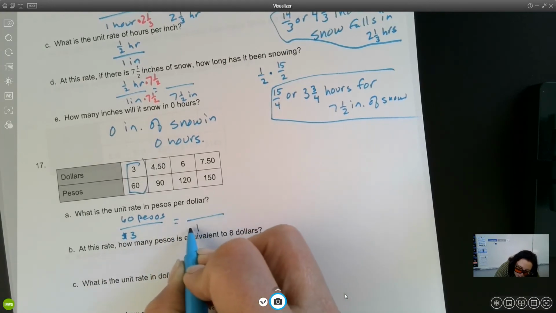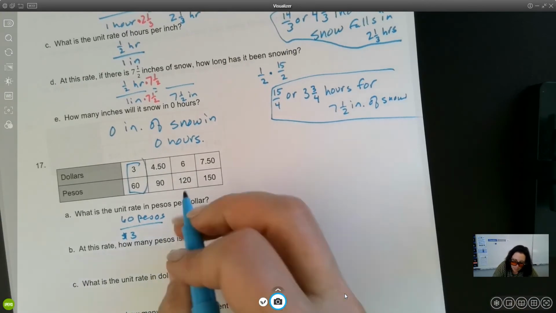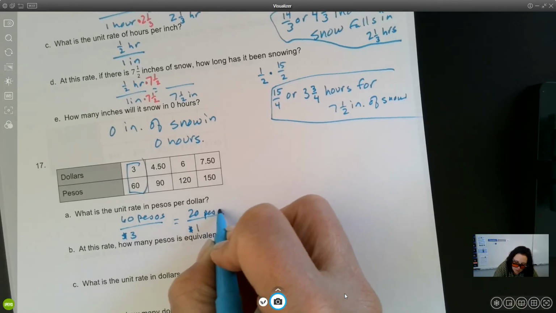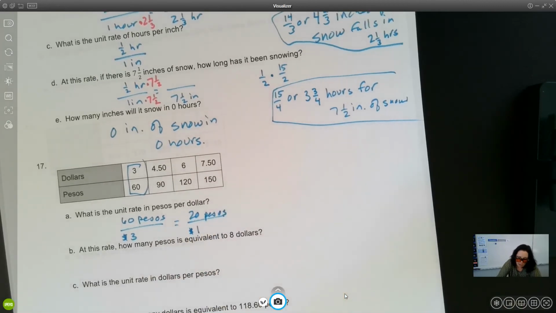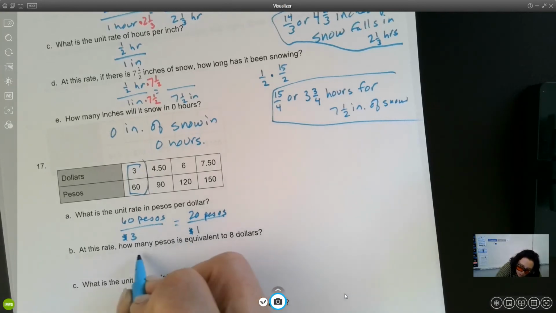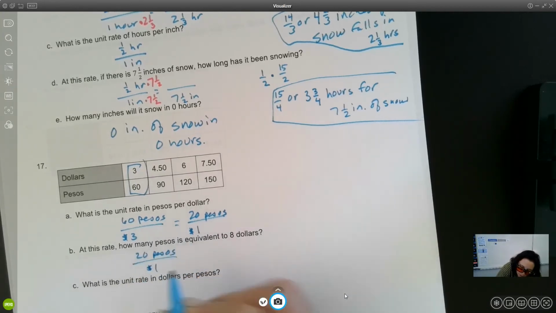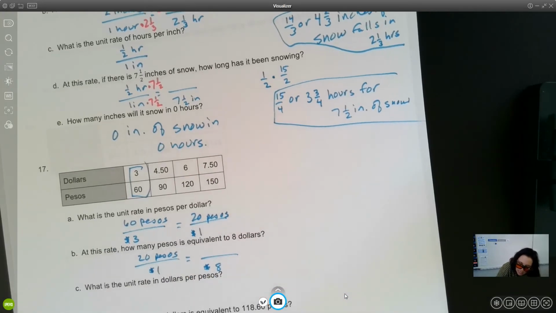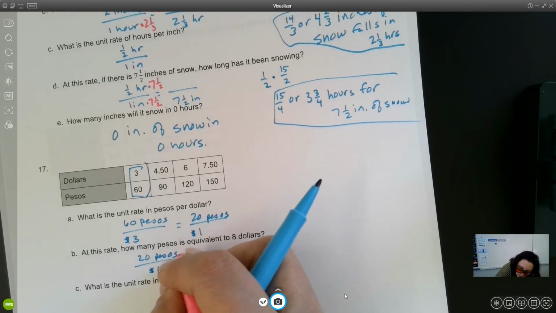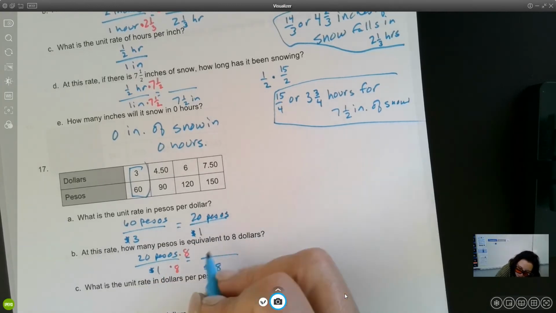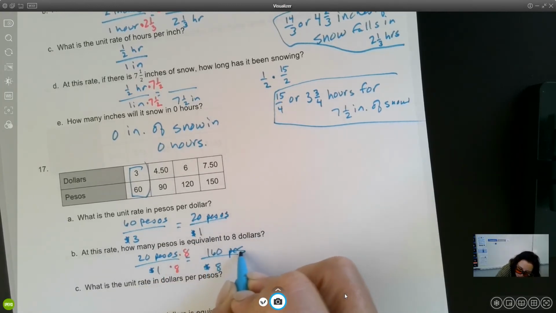If I want $1, I would have 20 pesos. Okay, at this rate, how many pesos is equivalent to $8? Well, here's my unit rate. 20 pesos is $1. And if I want $8, I would multiply this by 8. So 160 pesos.